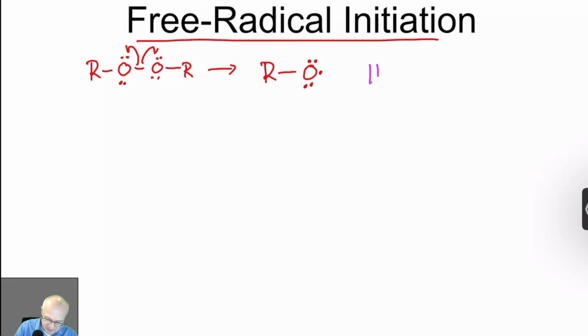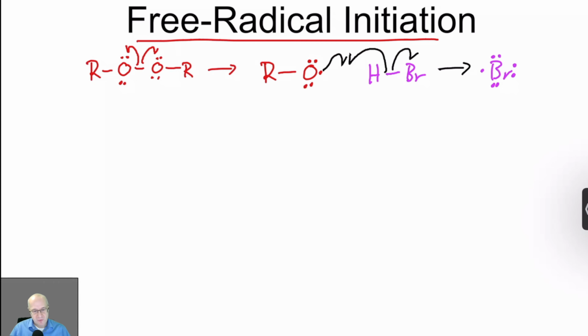The oxygen-free radical will now react with HBr to give you bromine radical. Bromine-free radical, I should say. There you go. So now the bromine-free radical is free to go and react with an alkene.